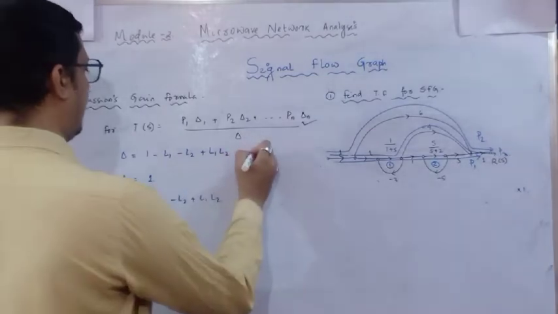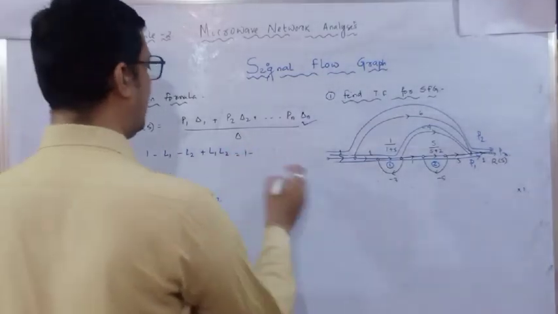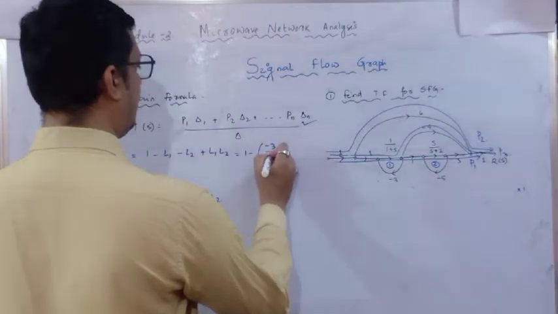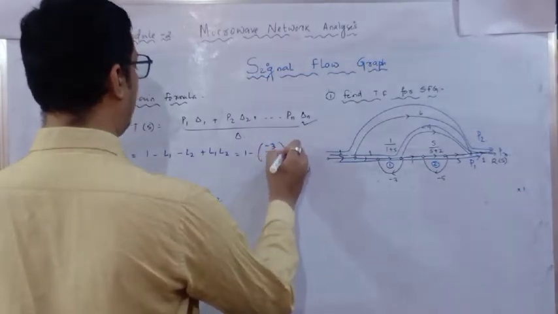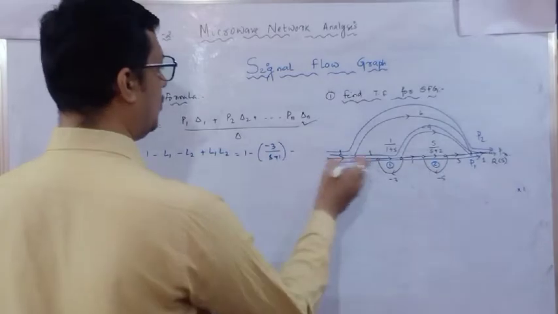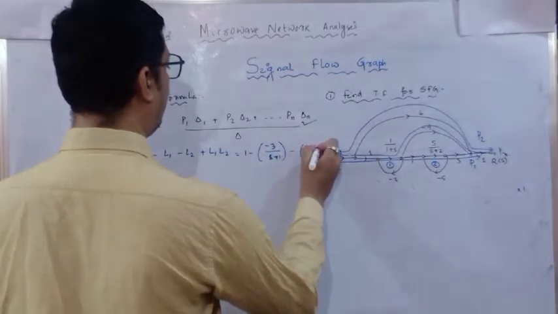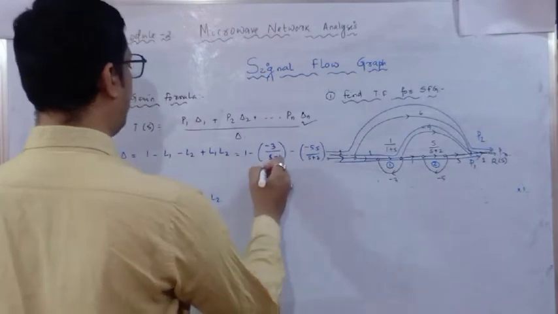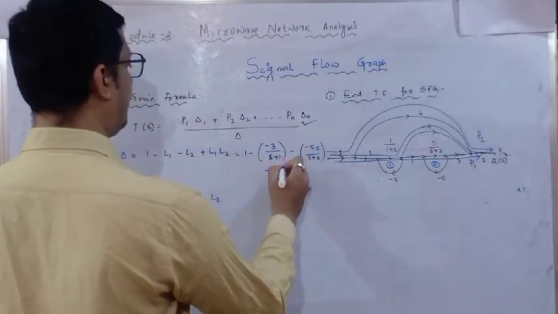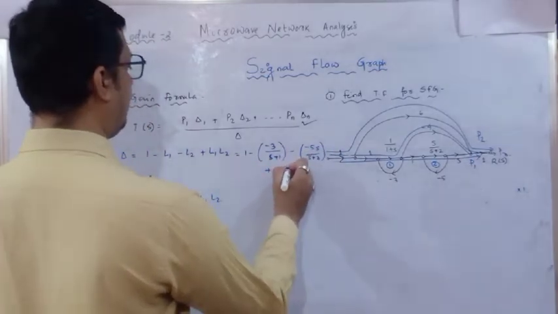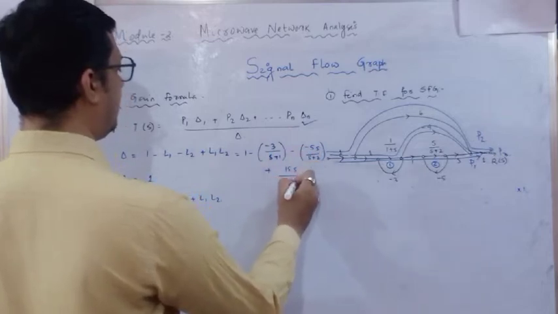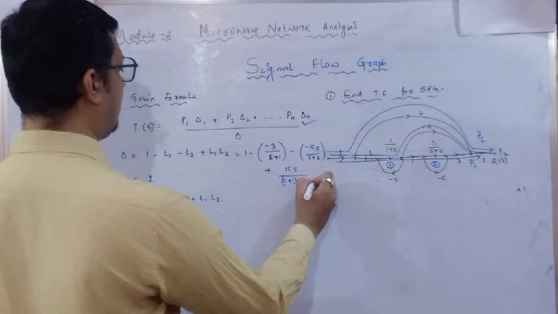So 1 minus loop 1 is minus 3 divided by s plus 1. Then loop 2 is minus 5s divided by s plus 2, plus 3 into 5 is 15s divided by s plus 1 and s plus 2.